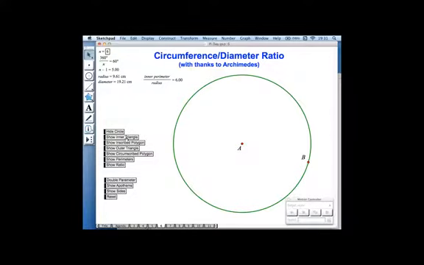So this is a historical investigation of Archimedes' approach to figuring out the value of pi. And he came very, very close for somebody who had at his disposal only the mathematics and the computational capabilities of his era.